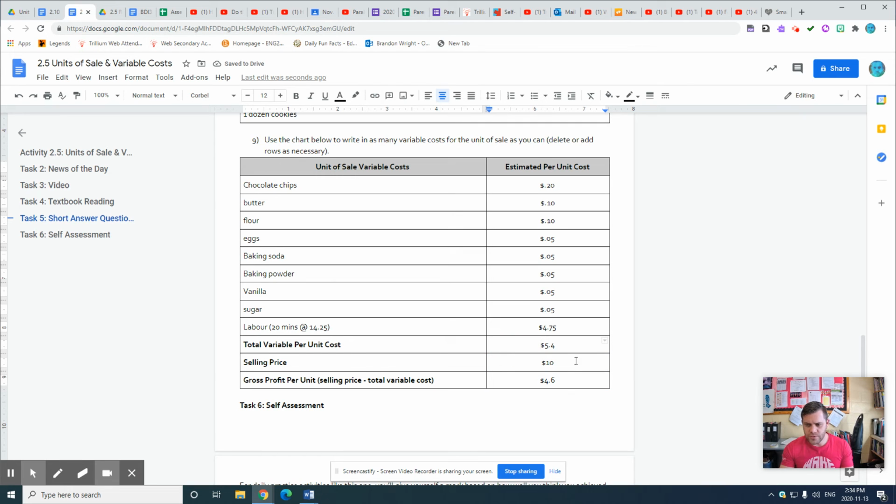So I know this seems tricky and foreign, but for this part, just give your best estimate. Now I'm going to show you something really easy depending on your business.